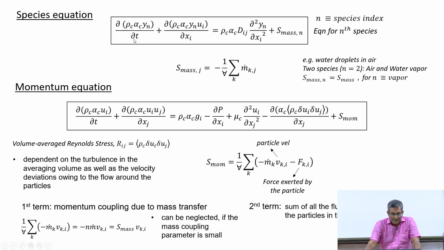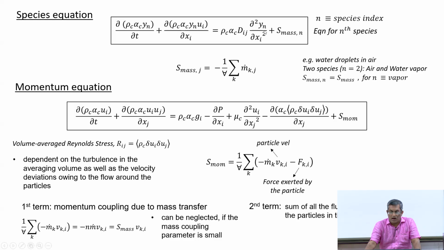So, what does this term represent? This is the local generation of a species. This represents the convective transport of a species due to the flow velocity, and this represents the diffusive transport. And here we have the source term.